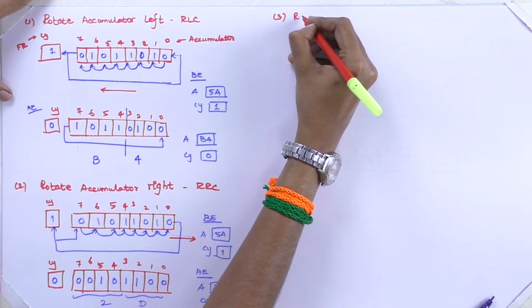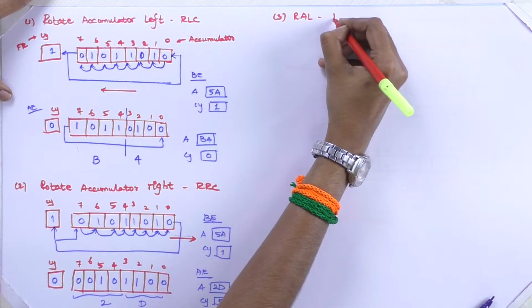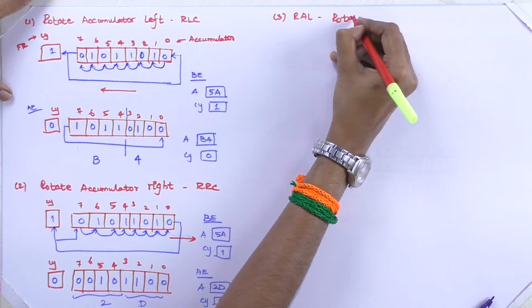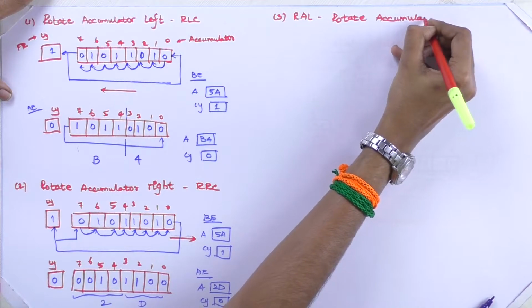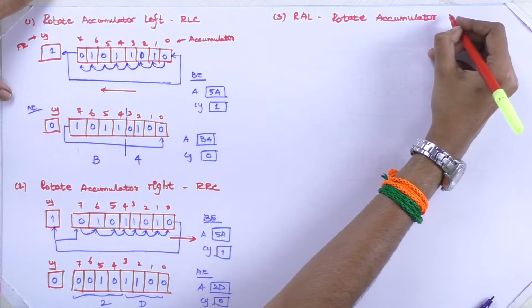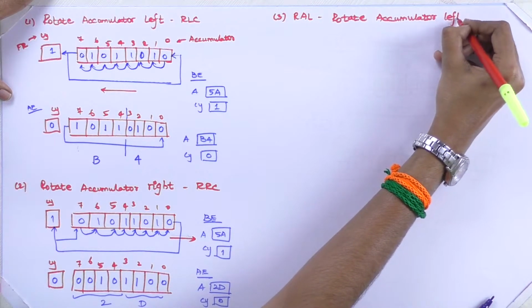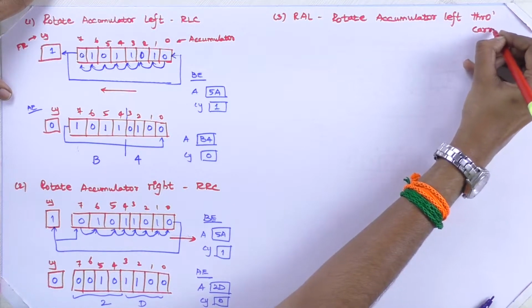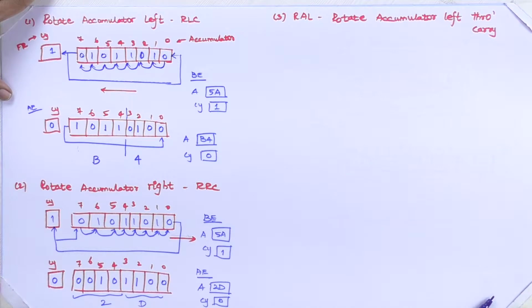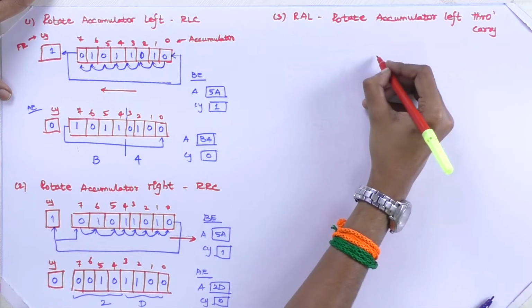The instruction is RAL, that is rotate accumulator left through carry. Fine. So it will be the same as before.